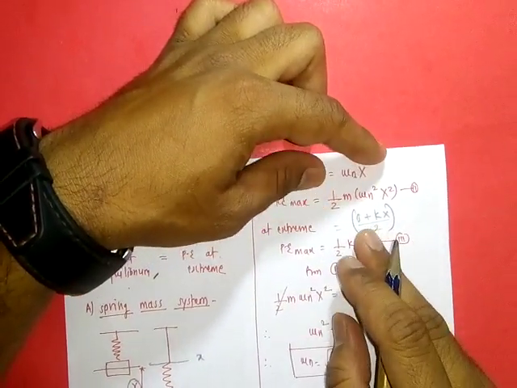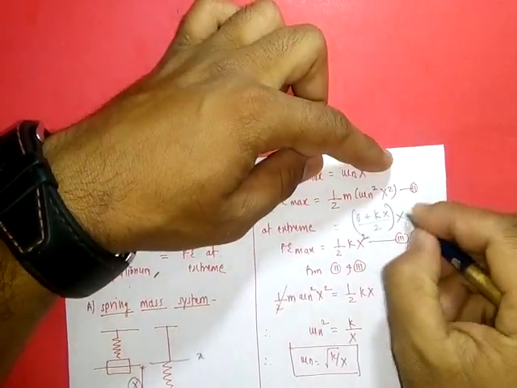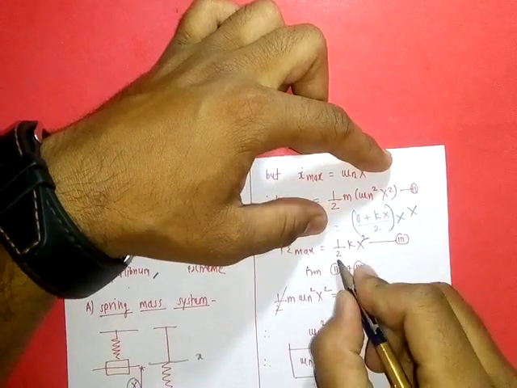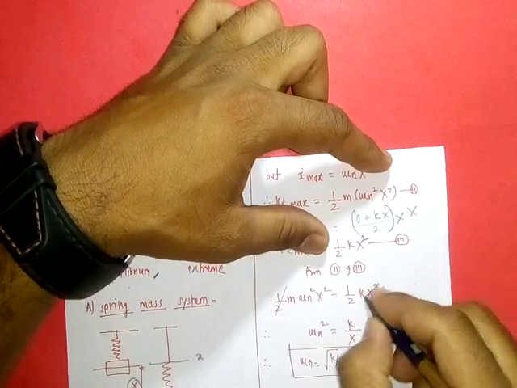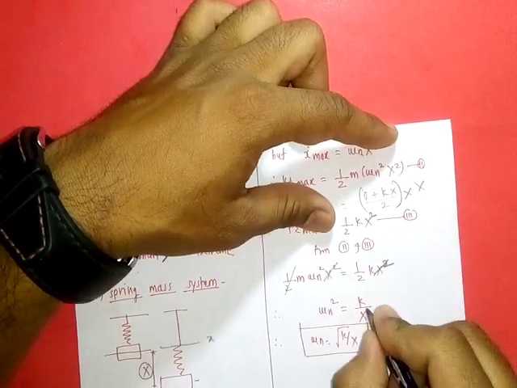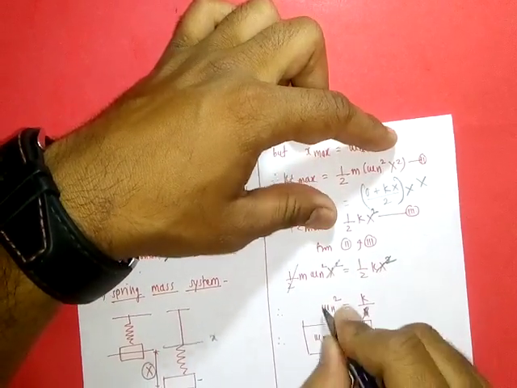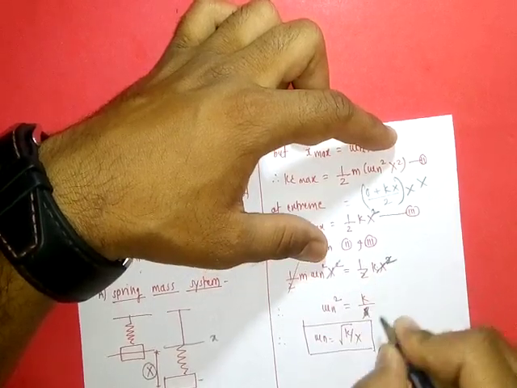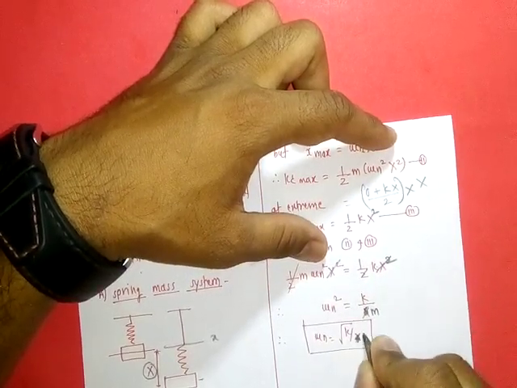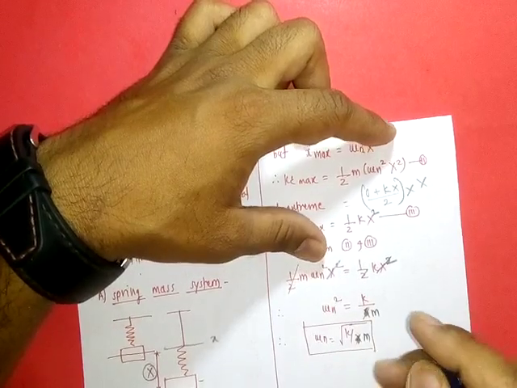Potential energy is average spring force into deformation x, so it is 1/2 k x square. So 1/2 k x square gets cancelled. Our equation is omega n square equal to k by m, so natural frequency is under root k by m.